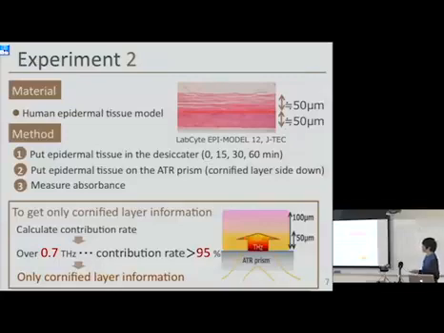Firstly, I put the epidermal tissue in the desiccator for 0 to 6 minutes to change the water content in the colonified layer, and then I put the epidermal tissue on the ATR prism and measured absorbance. To get only colonified layer information, I calculated the contribution rate. Over 0.7 terahertz, the contribution rate is higher than 95%, so I regard the region over 0.7 terahertz as containing only colonified layer information.